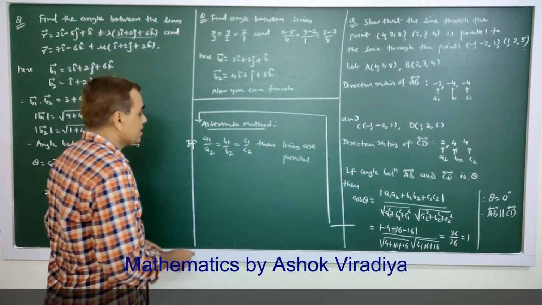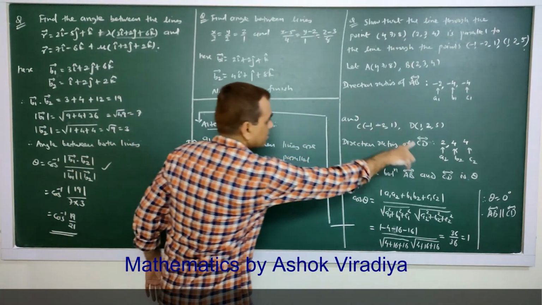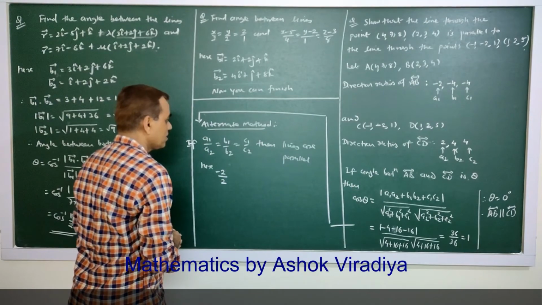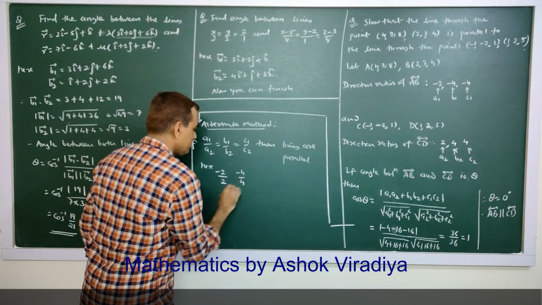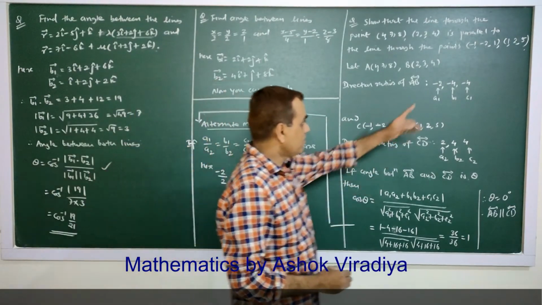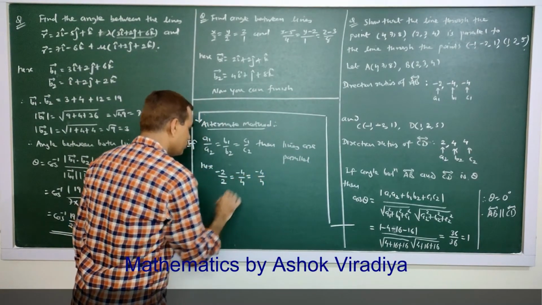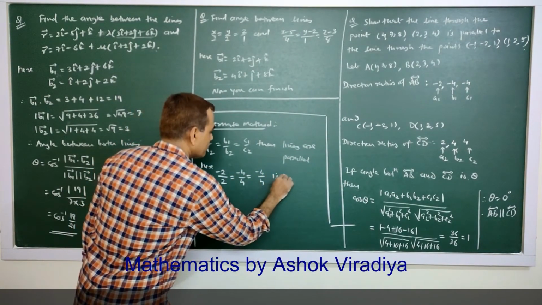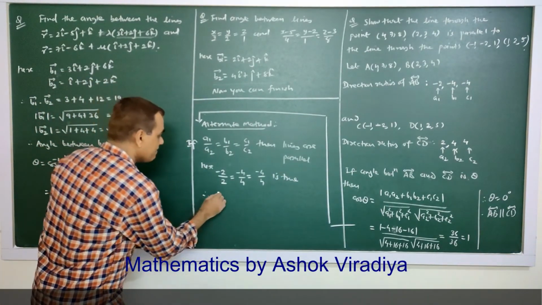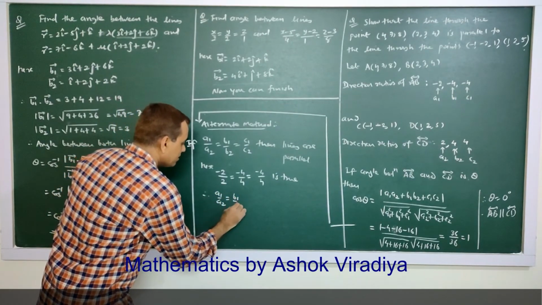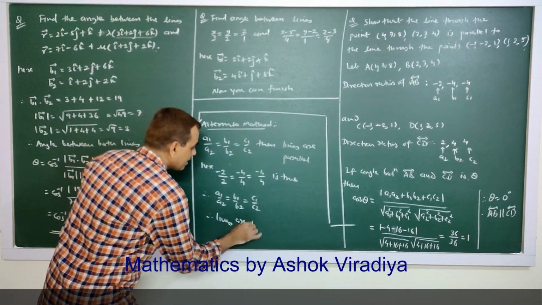Now check here. See, here minus 2 by 2, B1 by B2 minus 4 by 4, C1 by C2 minus 4 by 4. This is true. Therefore, A1 by A2 equal to B1 by B2 equal to C1 by C2. So lines are parallel.